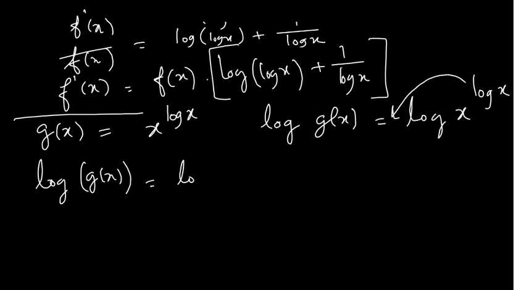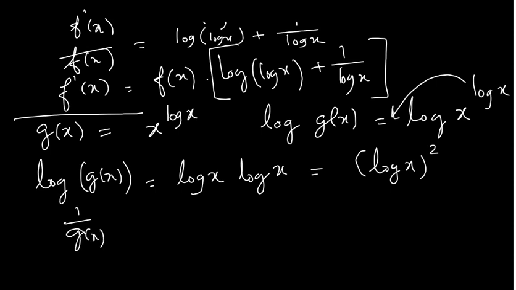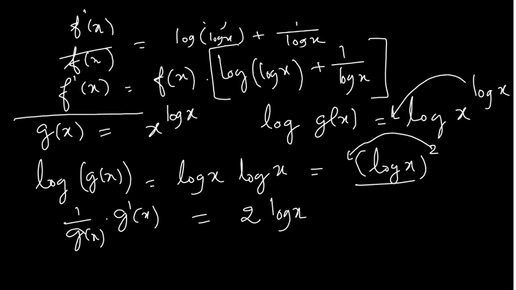So you will have log x into log x. So you will get log x whole squared. So this side differentiation 1 by g of x into g dash x equal to, for this differentiation 2 log x, because 2 is there, will come by the power rule, multiplied by differentiation of this, you will have 1 by x.